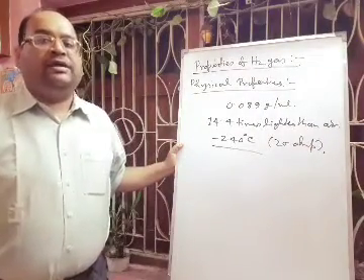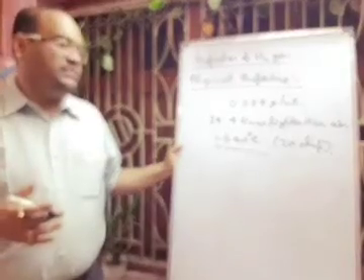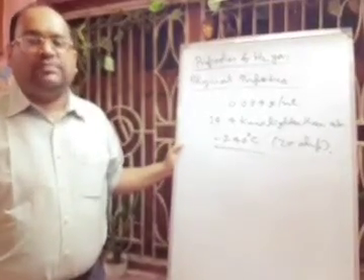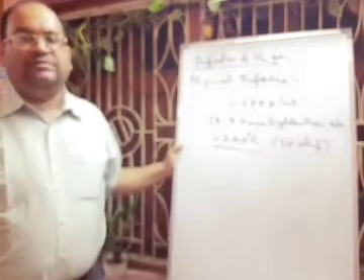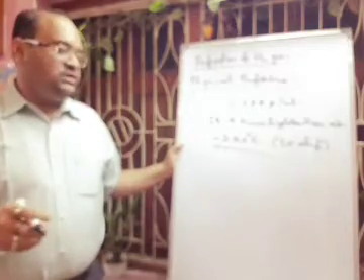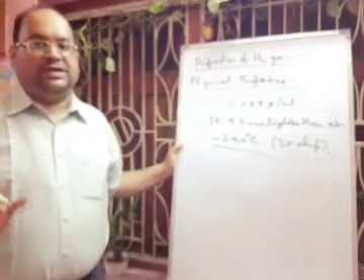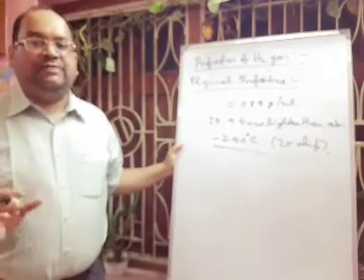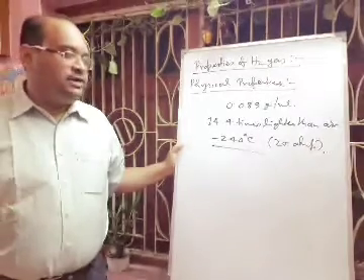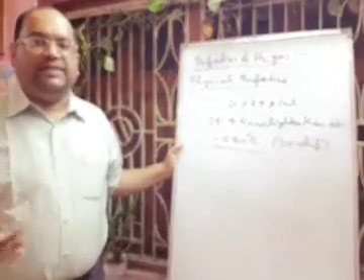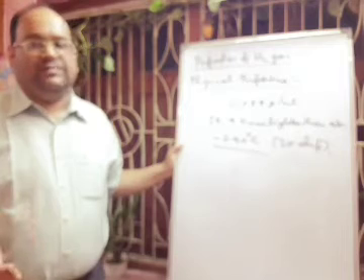Now hydrogen gas is neutral towards litmus paper. If you take some moist litmus paper and dip it inside the hydrogen gas cylinder, there will be no change. That means it is neutral. And hydrogen gas is readily absorbed by some metals like palladium, platinum or nickel at room temperature.